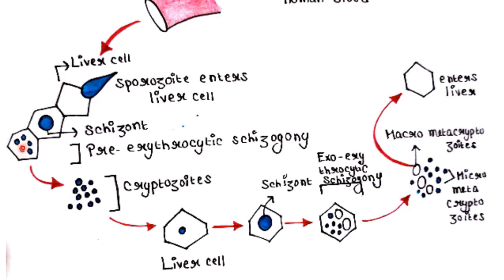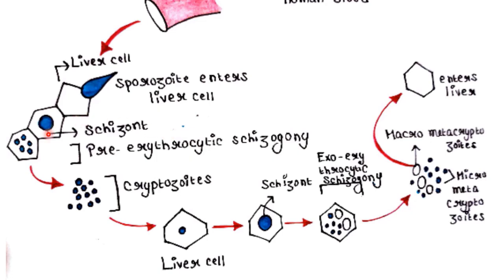This process is also called schizogony. Why schizogony? Because the schizont undergoes division, hence schizogony. And specifically, it is called pre-erythrocytic schizogony. Pre-erythrocytic because it occurs before entering into the erythrocyte or RBC. Right? Because it is occurring outside the blood, outside the RBC, it is occurring inside the liver. That's why it is called pre-erythrocytic schizogony.